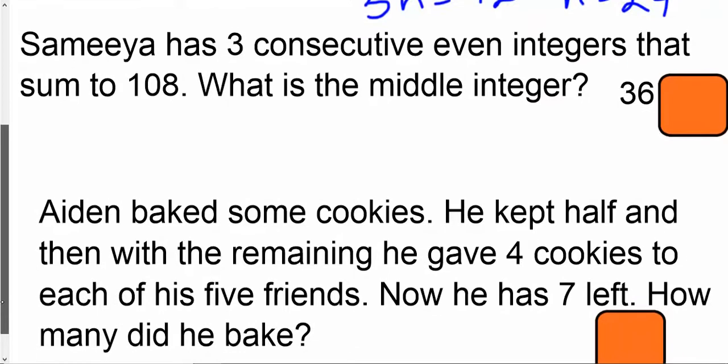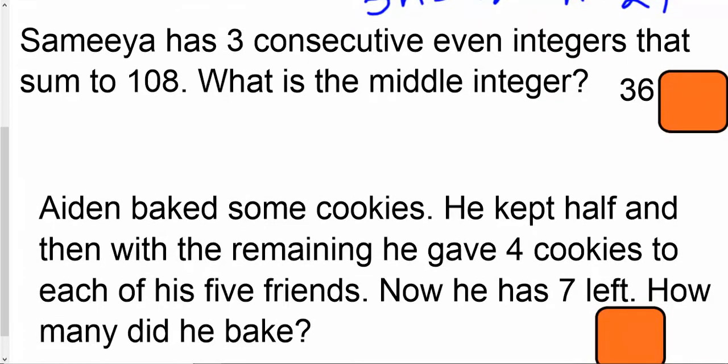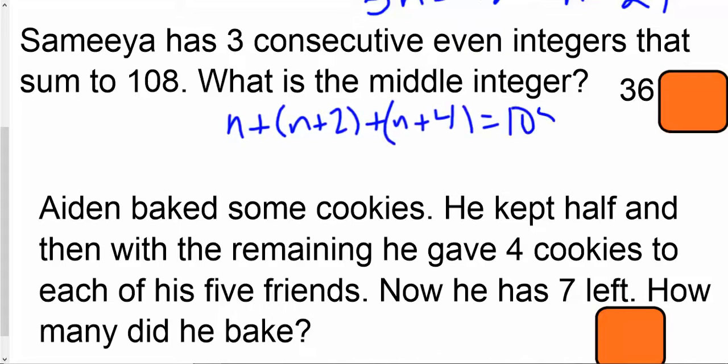Here's our second one. Samia has 3 consecutive even integers that sum to 108. So again, we're summing. So we're going to do n plus n plus 2 plus n plus 4 sums up to 108.